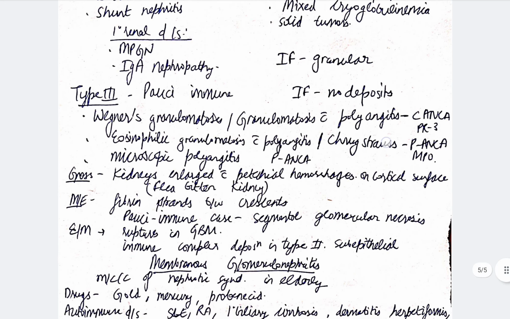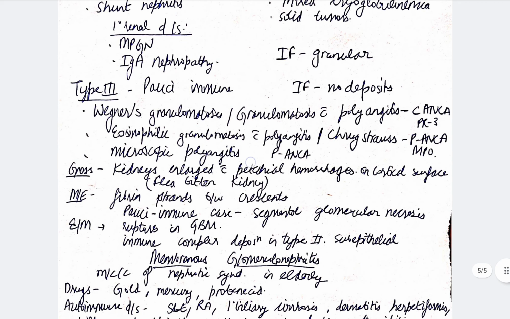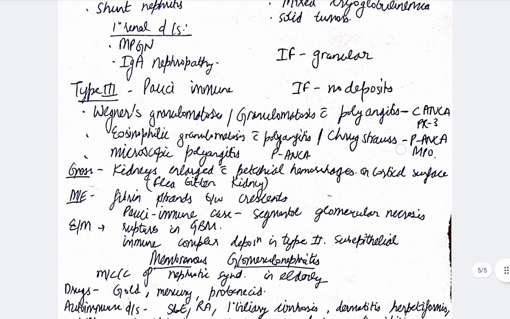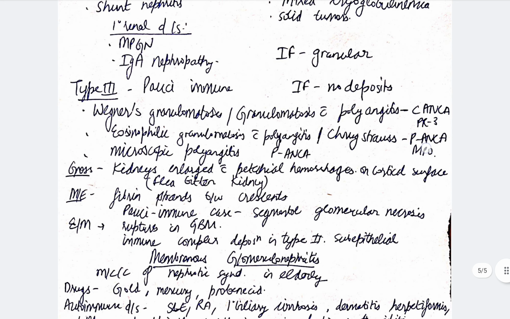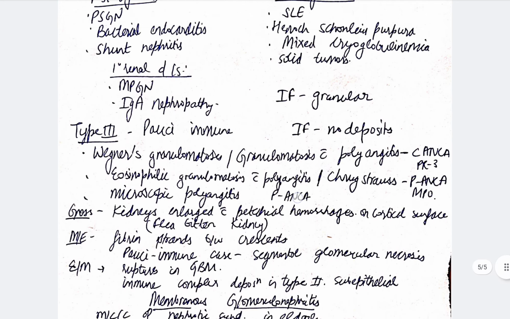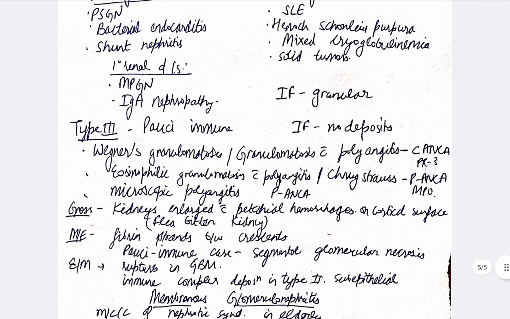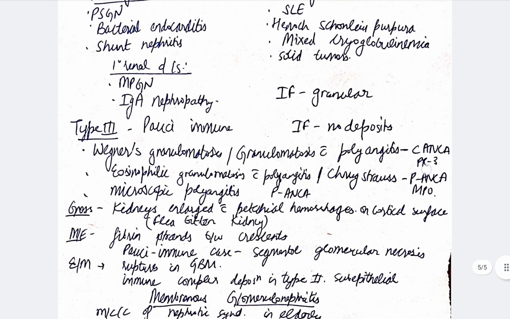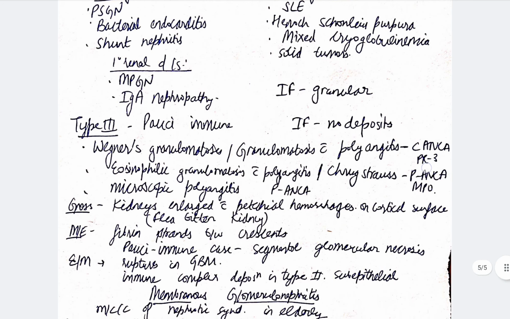Both eosinophilic and microscopic polyangiitis are linked with p-ANCA or MPO, myeloperoxidase. But Wegener's is linked with c-ANCA, anti-cytoplasmic antibody, and it is linked to proteinase 3. Wegener's is c-ANCA, proteinase 3.